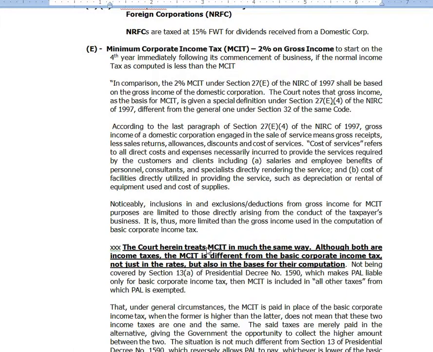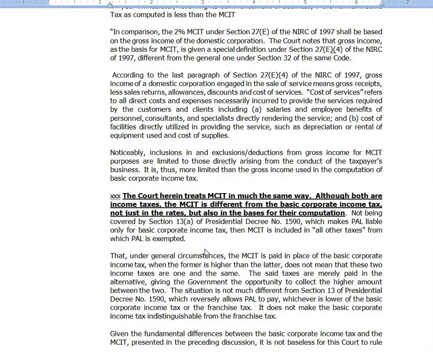It is thus more limited than the gross income used in the computation of basic corporate income tax. The court herein treats MCIT in much the same way. Although both are income taxes, the MCIT is different from the basic corporate income tax, not just in rates but also in the basis for their computation.